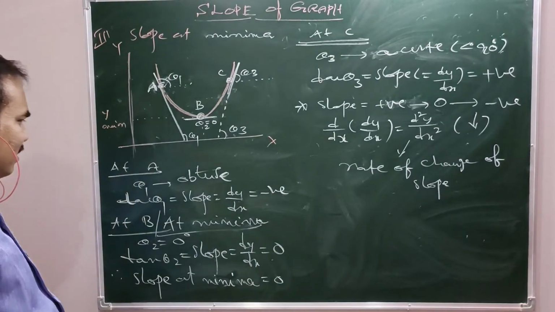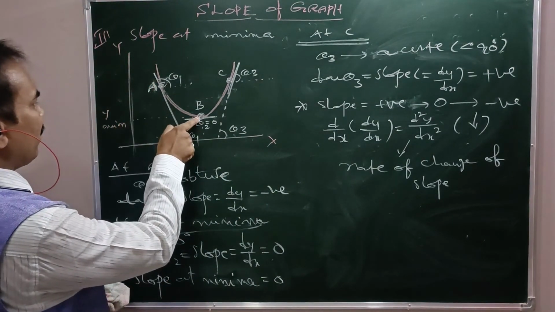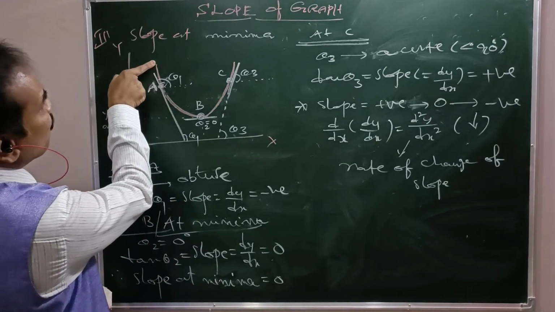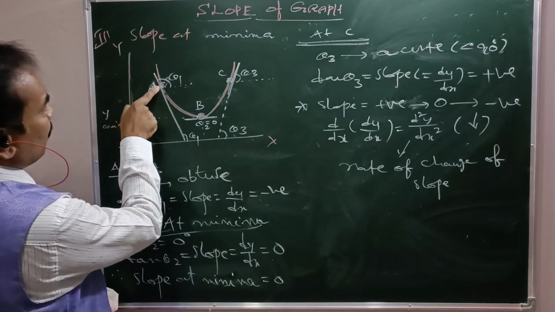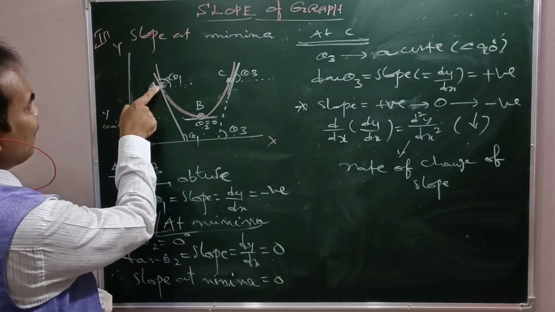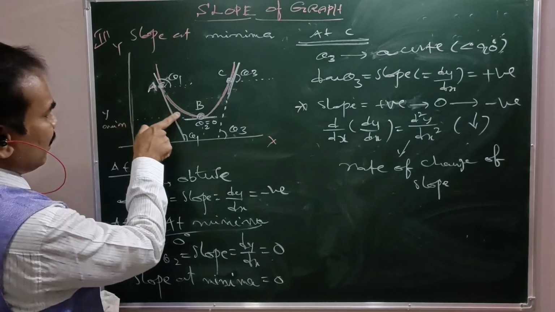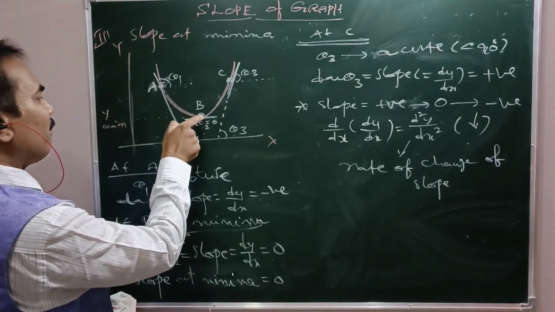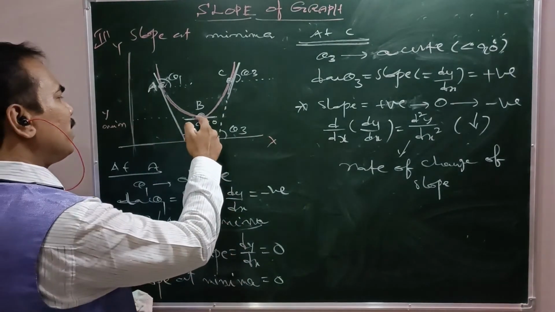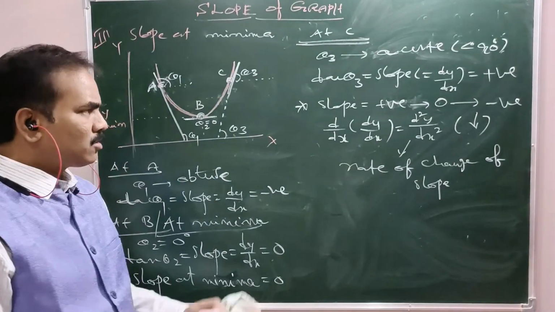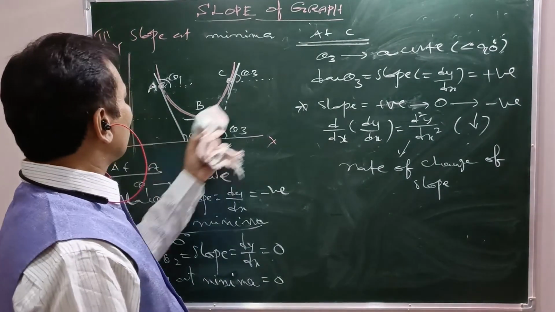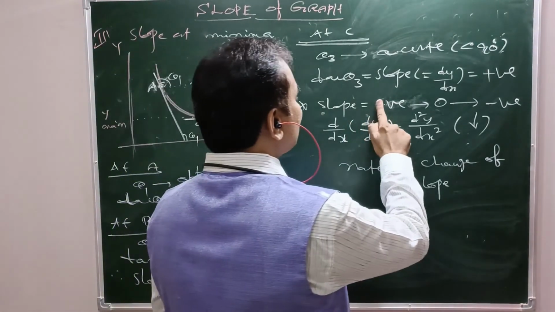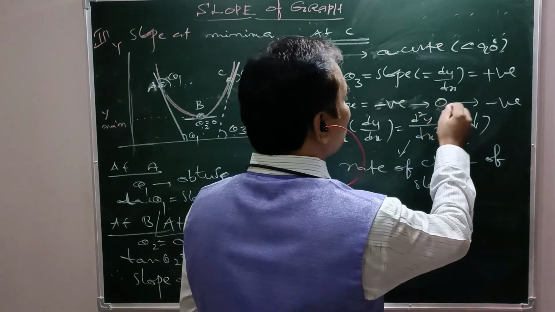Slope changes like this. Initially from A to just before B, what about slope? Negative. From A, what about theta and tan theta? Negative. From A to just before B also negative. Exactly at B, 0. Beyond B, positive. So slope changes from A to C via B like this: from negative value to 0, 0 to positive.